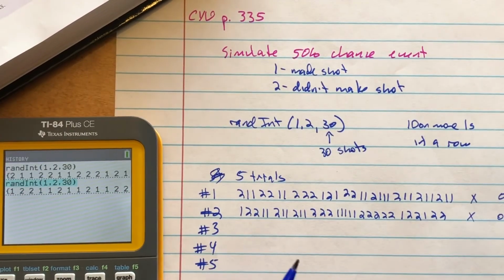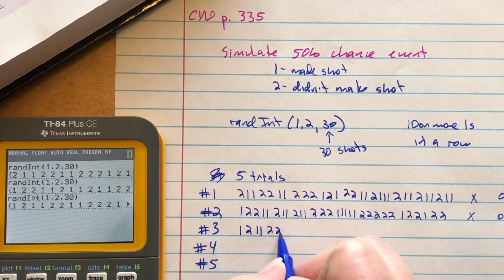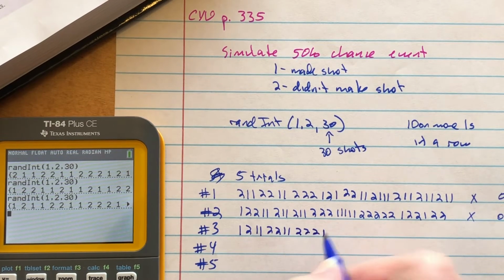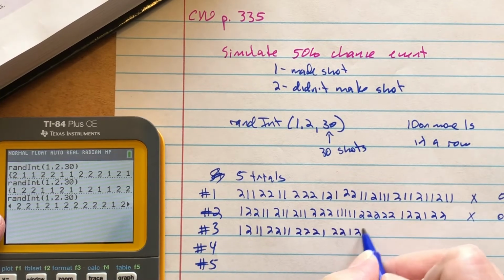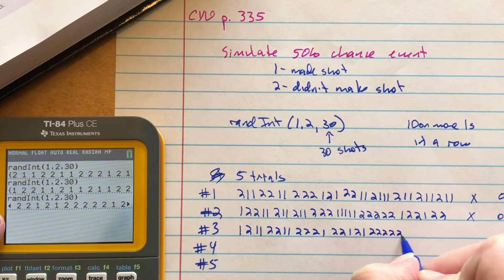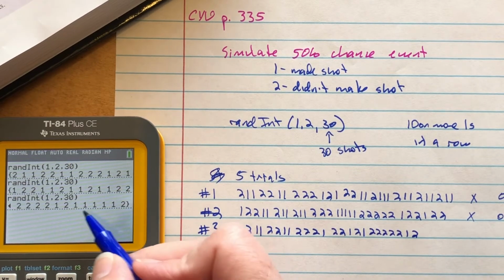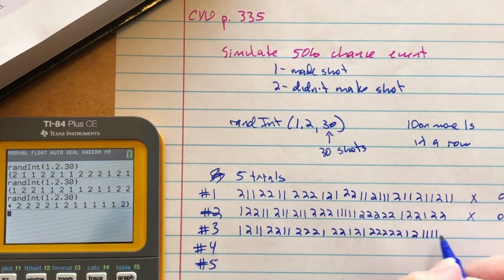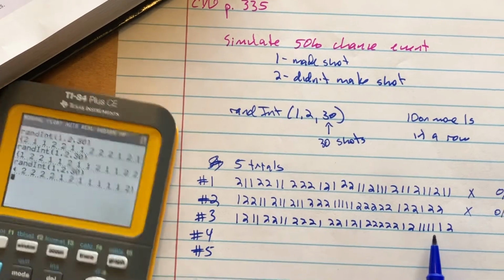Okay, so a couple more trials. Again I got 5 in a row. Seems like 5 is the most I can get from my trials. Again, I don't have 10 ones in a row, so my simulation is not showing a success.